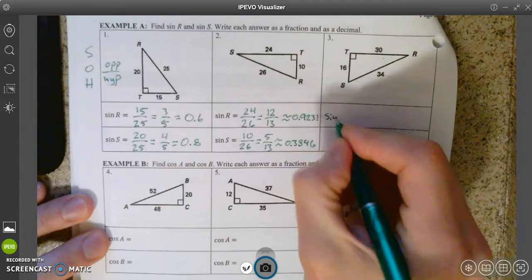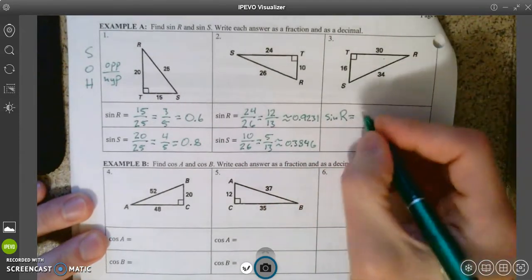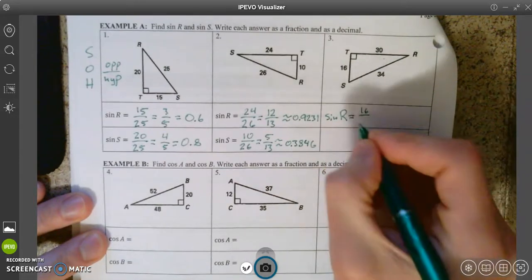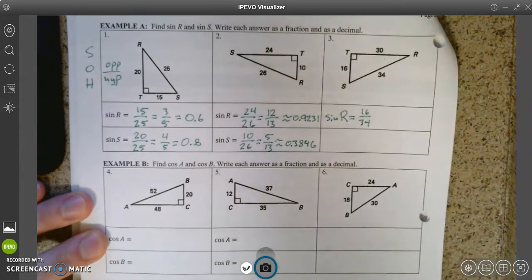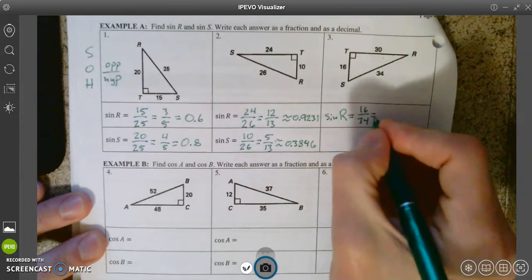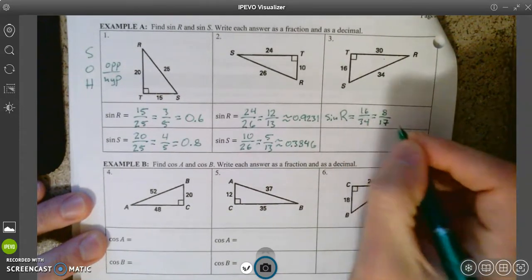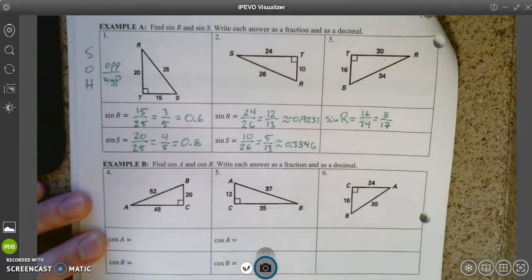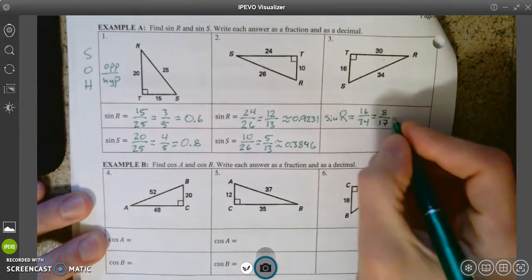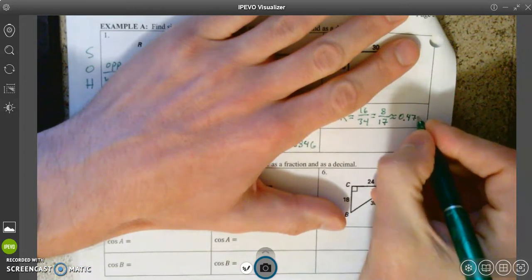Number 3, what we're doing is now looking at sine of R first. Sine of R, opposite is 16 over hypotenuse is 34. 2 goes into both of those, so that's going to be 8 over 17. And if I divide 8/17, I get about 0.4706.